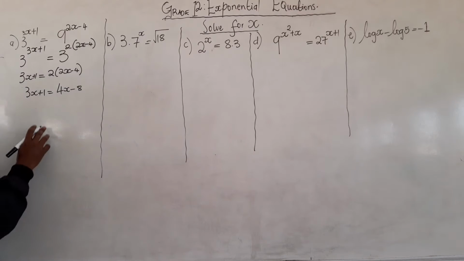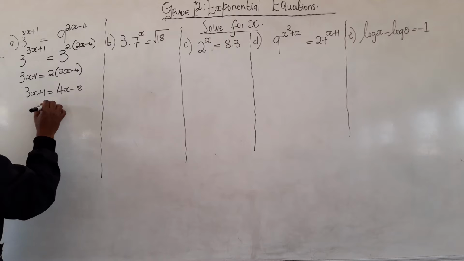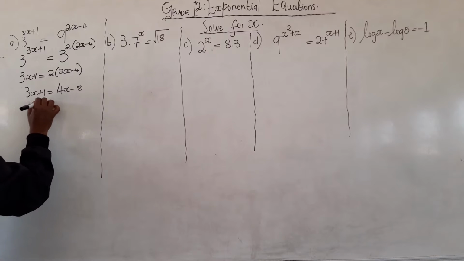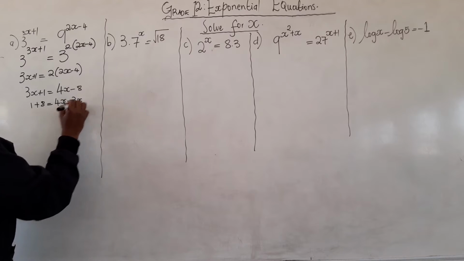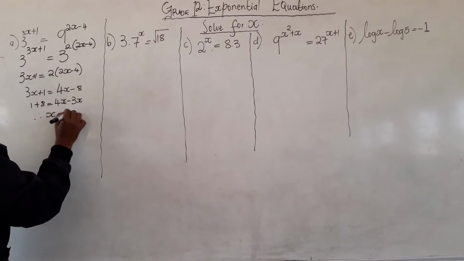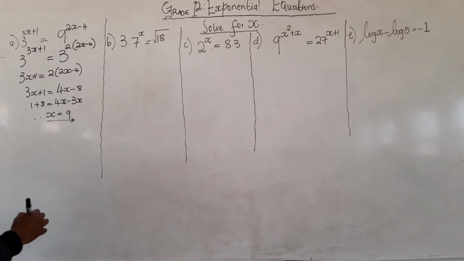Then we collect our like terms: 1 plus 8 is equal to 4x minus 3x. Therefore, x is equal to 9. And then we are done.